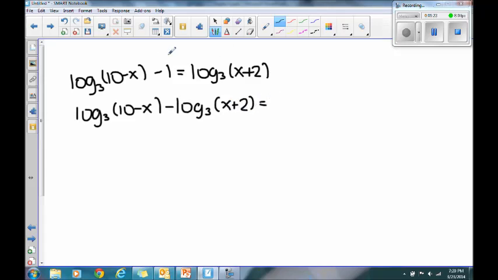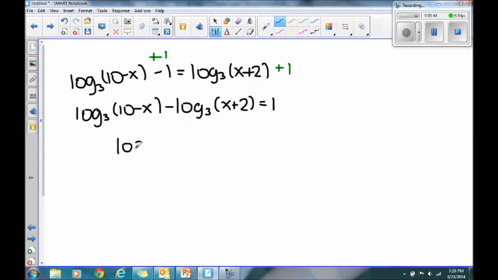I'm also, hopefully this doesn't screw anybody up, but in the same step, I'm going to add the 1 to both sides. So the 1 moves to the right, this log term moves to the left. Now that they're on the same side, I want to combine all of my log terms into a single log term.